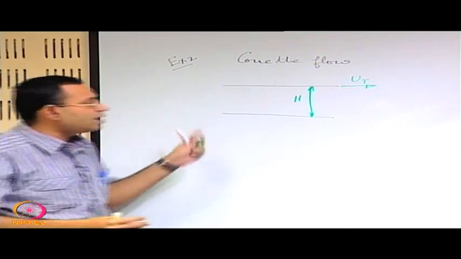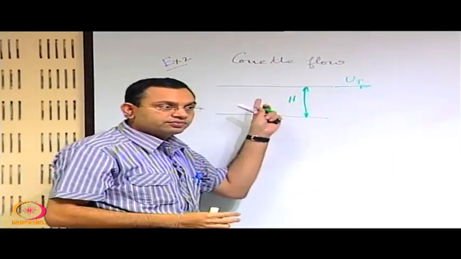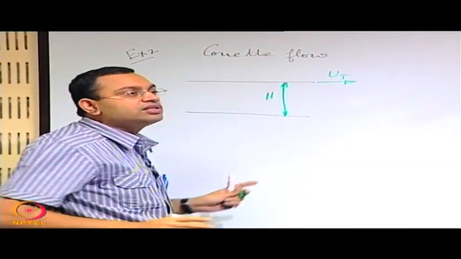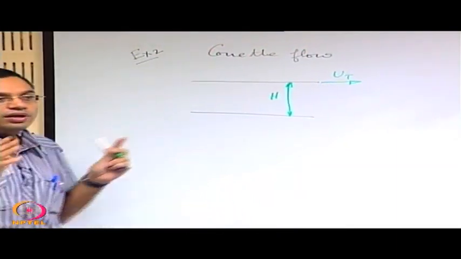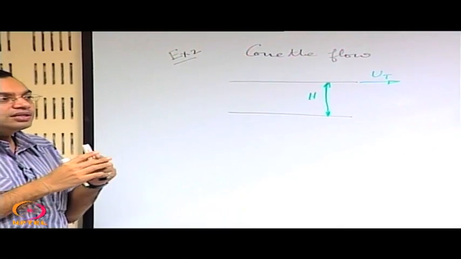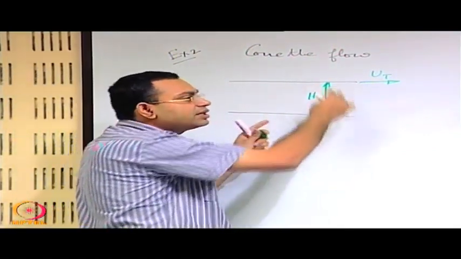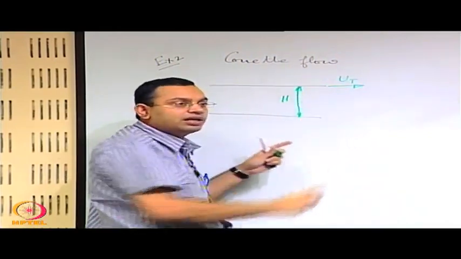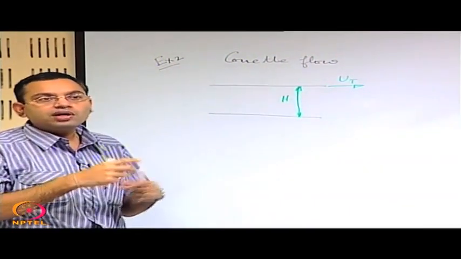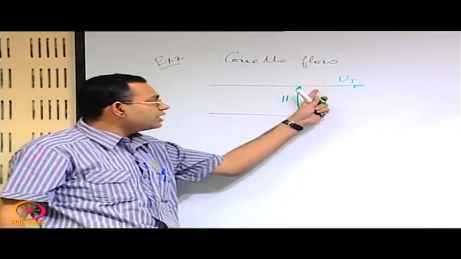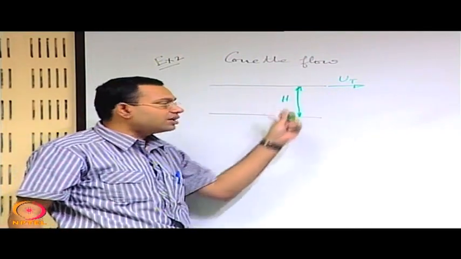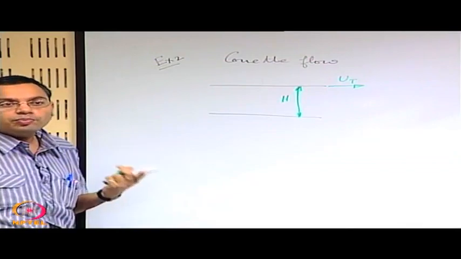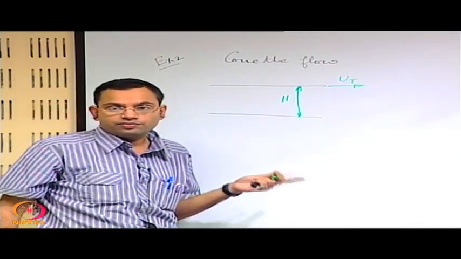This is a way in which you create a shear by the boundary condition itself. So this is sometimes known as a shear driven flow. This is a mechanism of inducing shear. Or in other words, if you want to simulate a shear in the fluid artificially, you may do so by having a velocity gradient which is roughly ut by h. So if you want to simulate a rate of deformation, you give a velocity to the plate and keep a gap, and it is possible to impart the order of magnitude of the rate of deformation that you want.